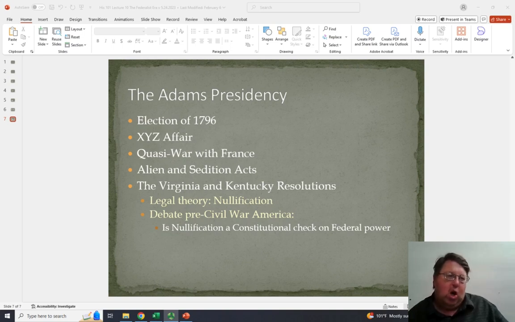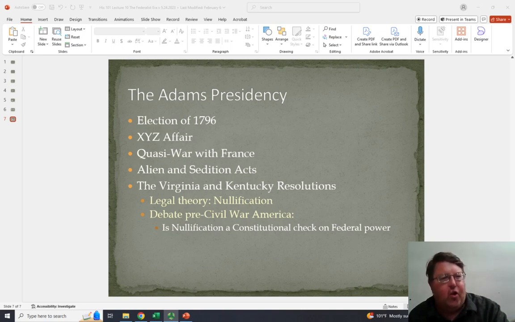Some people argue that the federal government is supreme, and its laws are supreme, and states have to follow federal law. Alexander Hamilton held that the states are subordinate to the federal government. Others argue that the states created the federal government, so the states can't be subordinate to it.